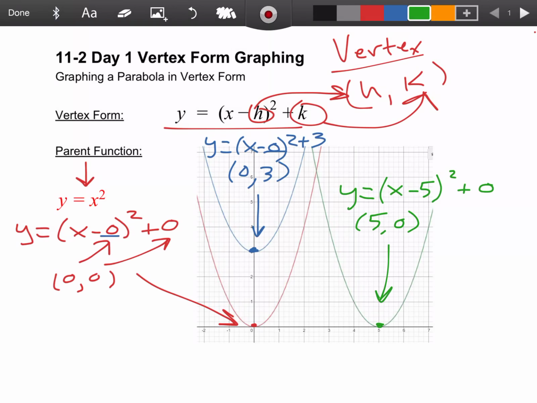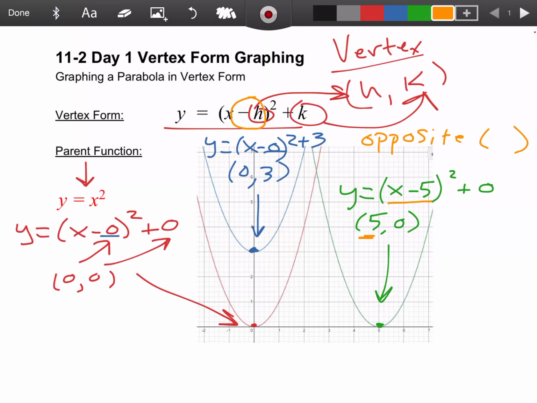Now, one thing that I want to make sure that you know is that when you take a look at the equation at first, it's always opposite, because we have this minus h right here. So we always say that it's opposite in the parentheses. What I mean by that is we have x minus 5 squared.